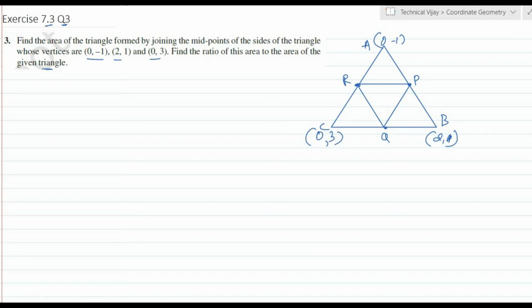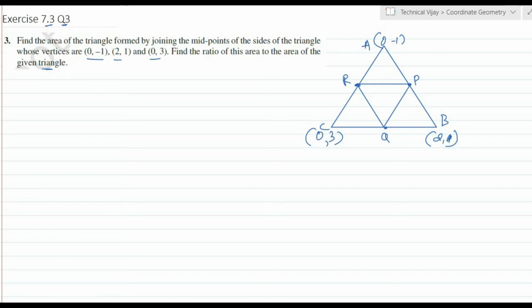Because we already know the coordinates of A, B, C, we can easily find the area of the bigger triangle. But to find this triangle's area, we have to first calculate the coordinates of P, Q, R.